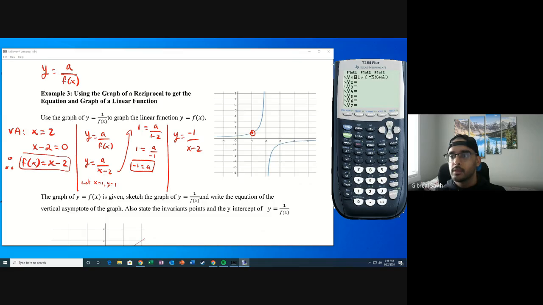So let's go try and put this in, make sure we do have the same graph. So 1 over x minus 2, and graph. Okay, so it looks good. There it goes through 2. Now if I put in x minus 2, let's see what happens.